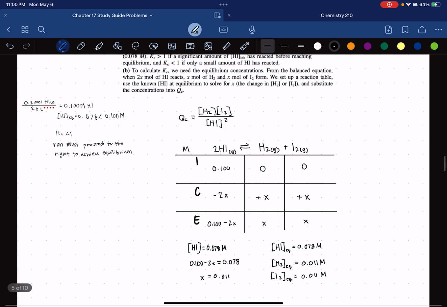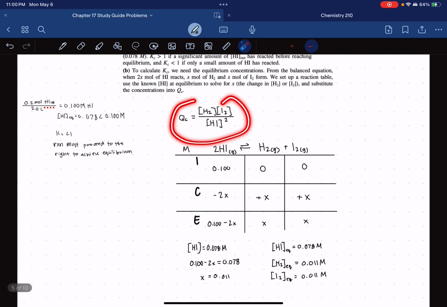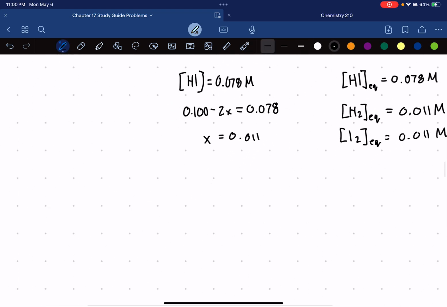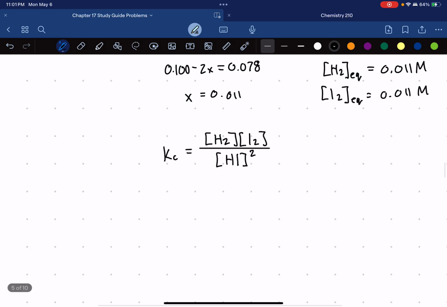Now that we have our equilibrium values, we can plug it in to our Qc, which would now turn into our Kc since these are values at equilibrium. So Kc would now be equal to the concentration of H2 gas times the concentration of I2 gas all over the concentration of HI gas raised to the power of 2.